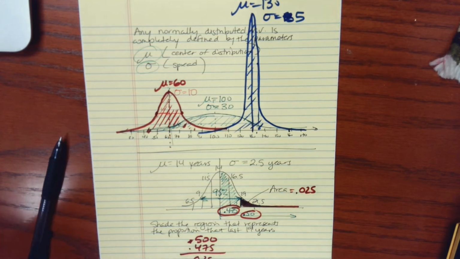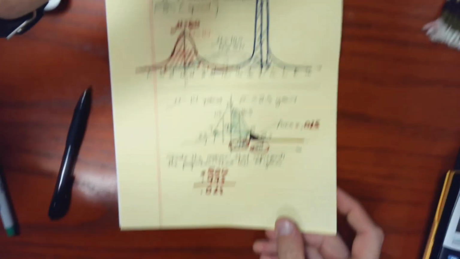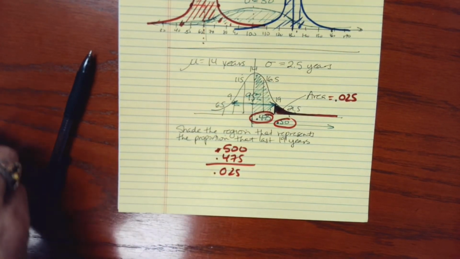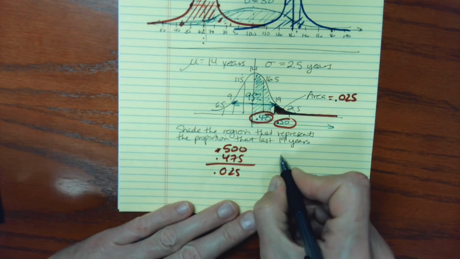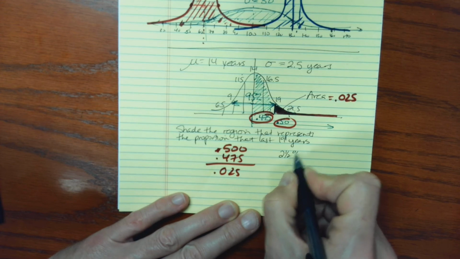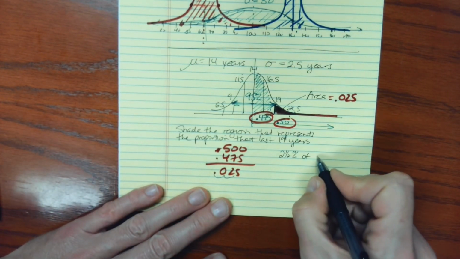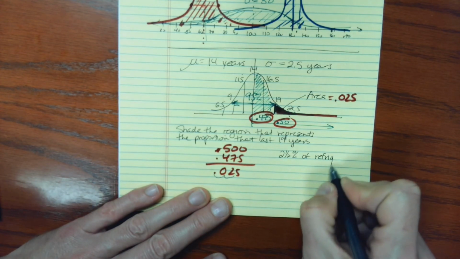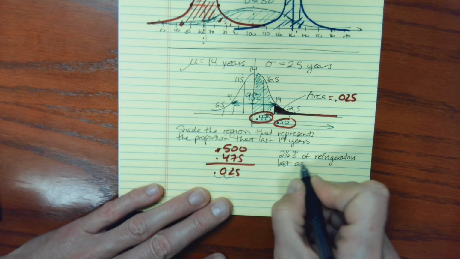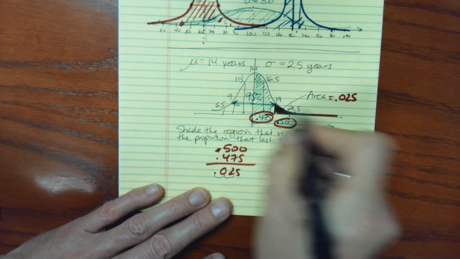Now, what does that mean in terms of the context of this problem? There are two ways that you can interpret this. You could say that 0.025, or 2.5%, that would be if I'm moving this over, 2.5% of refrigerators last at least 19 years. So that'd be 19 or more.